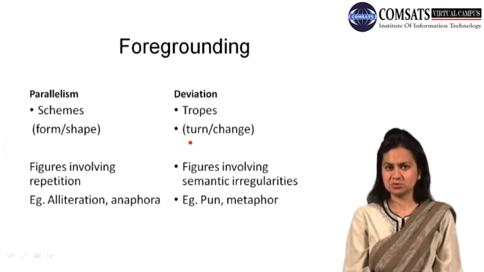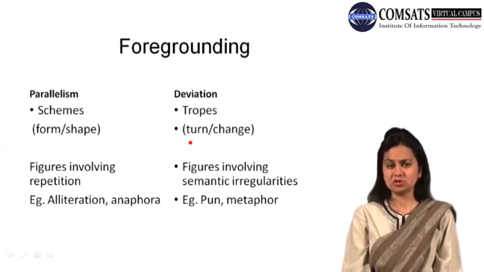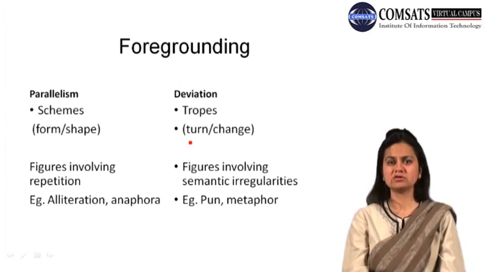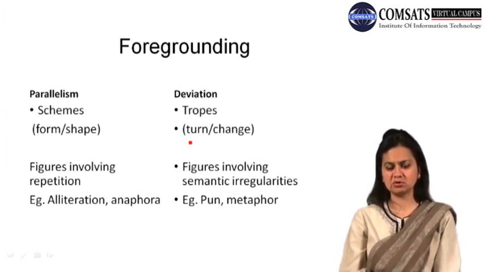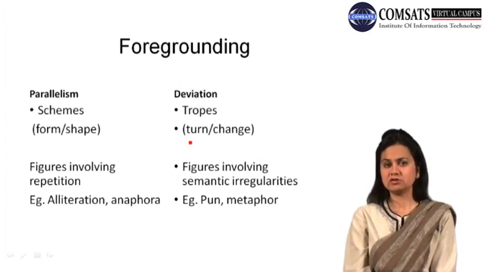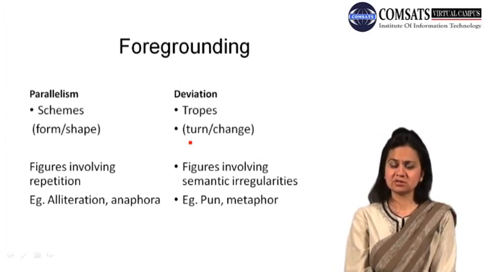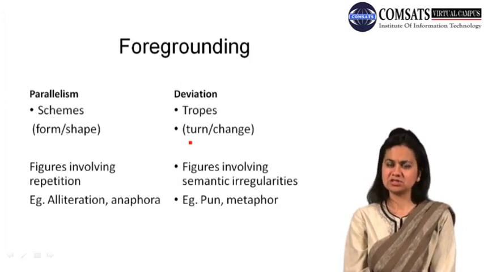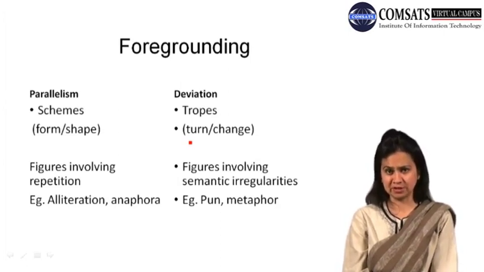So when a writer chooses such devices which create semantic irregularity or which disrupt the meaning, change the meaning, or turn the meaning to some other domain or area, there we refer to such devices as figures involving semantic irregularities or the tropes. For example, pun changes the meaning. Similarly, metaphor changes the meaning, transfers meaning from one domain to another.